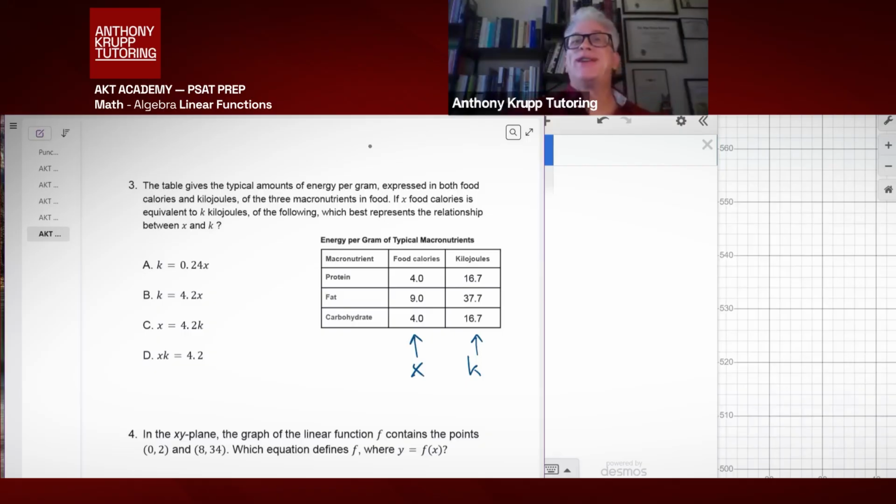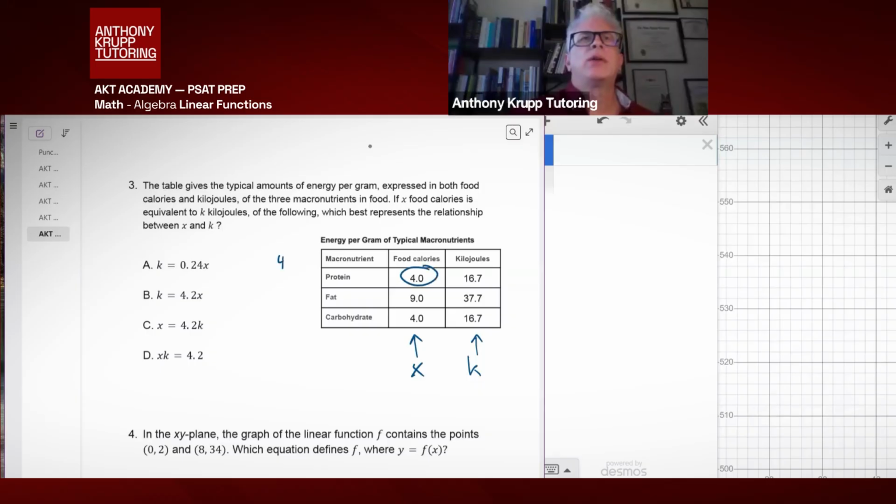They're saying that there's some relationship between K and X. What's the relationship? So instead of talking about X food calories, we could talk about 4 food calories.